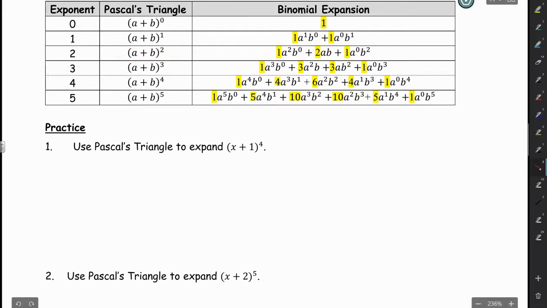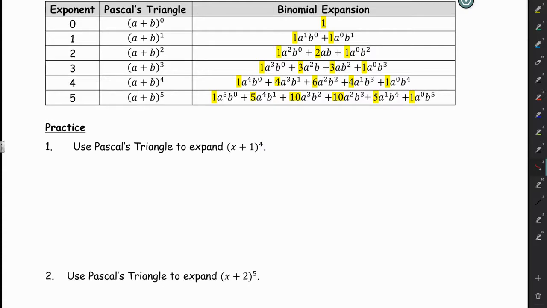We're going to be looking at the third row of Pascal's triangle. If we're looking at a plus b to the fourth, well, this is the 2, 3, 4, fifth row of Pascal's triangle. So just be aware of that, because Pascal's triangle, remember, starts at a plus b to the 0 power. So you have to add 1 to whatever your exponent is to determine what row you want to choose from the triangle.